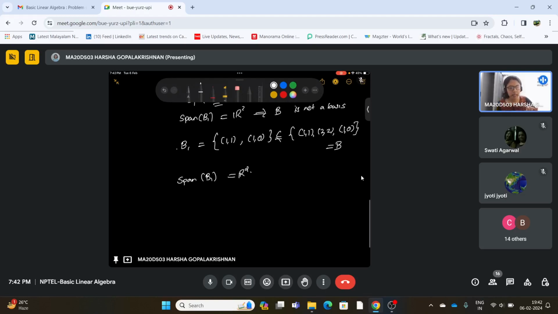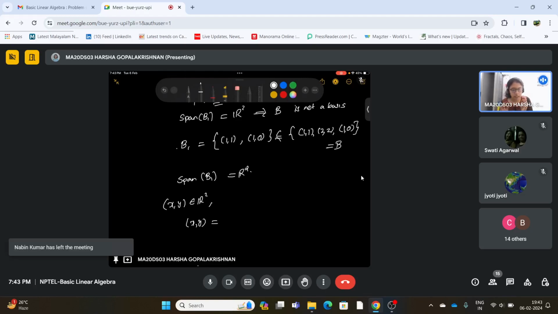Now, how can we write this span, this B1 spans R2? We will take an element (x, y) in R2. Let me write it as, I am supposing, there exists a linear combination a(1,1) + b(1,0).